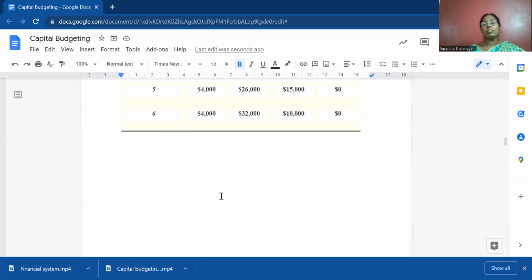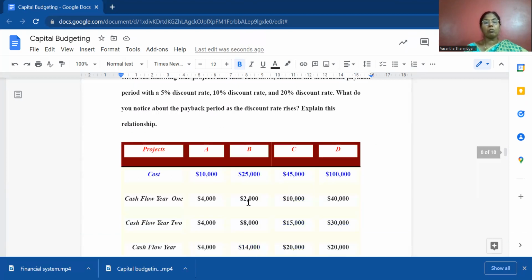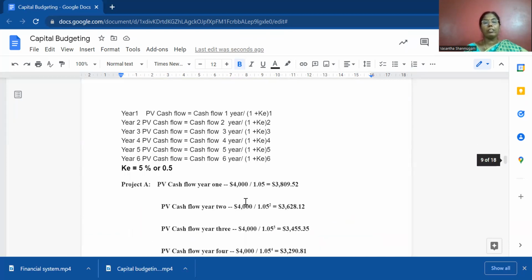But these projects are considered mutually exclusive, because if one project is accepted, the other cannot be accepted. That is explained here. In capital budgeting, mutually exclusive project refers to a set of projects out of which only one project can be selected for investment. That is called a mutually exclusive project. Here the question is given.